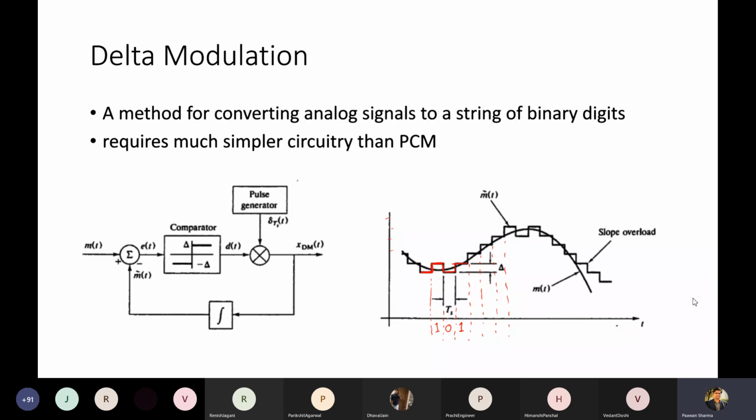So what will come here? Can somebody tell? During this duration, what bit will be transmitted? What should I write? 1. Then again? Again 1. Okay, 1, 1. Here it will come 0 because there is a decrease in step size. So that was one little correction, and please make a note of it.